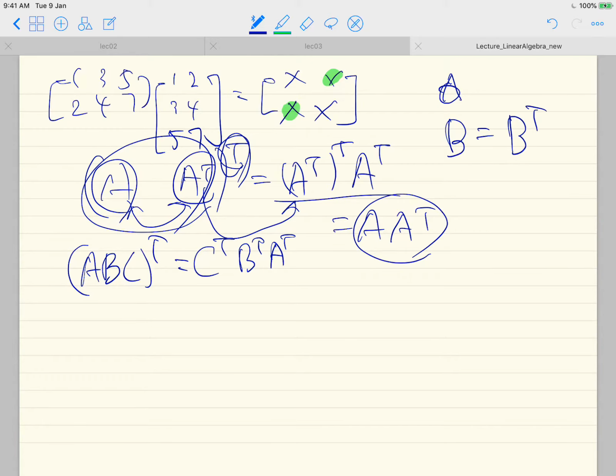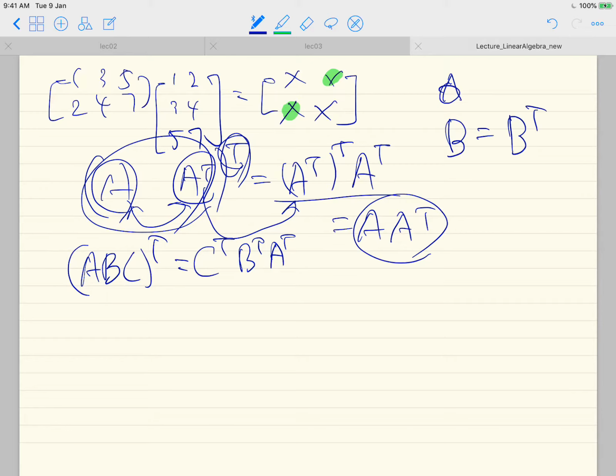Okay. And then this spectral theorem is saying that, in general, it is always true that a symmetric matrix is by definition automatically a square matrix. So it can never be symmetric if it is a rectangular matrix, right?